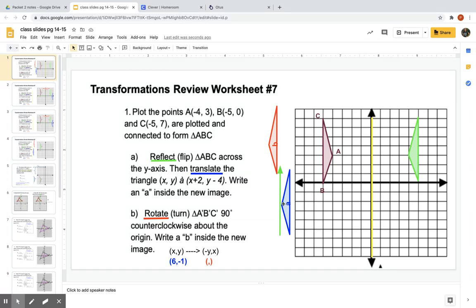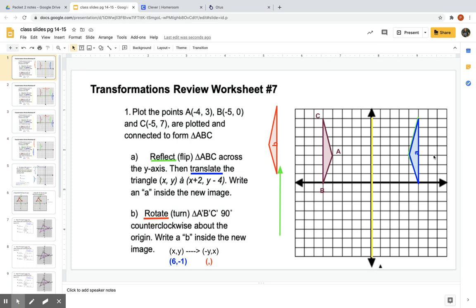All right, we're not going to do anything yet because the next thing we have to do is translate. So just like as if I had tracing paper, I'm going to trace a new triangle over here, and I'm going to see what I'm supposed to do. I traced it, and now I need to translate it. X plus 2, y minus 4.